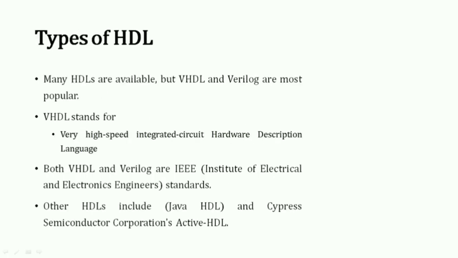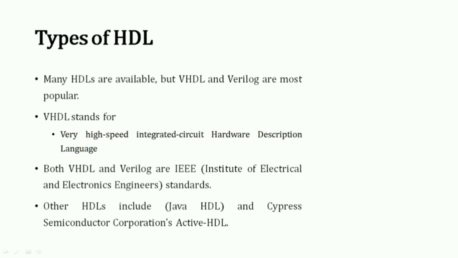There are many types of HDLs, but the most popular and famous are VHDL and Verilog. In VHDL, V stands for Very High Speed Integrated Circuit, and HDL, as we know, is hardware description language. Both VHDL and Verilog are IEEE standards.